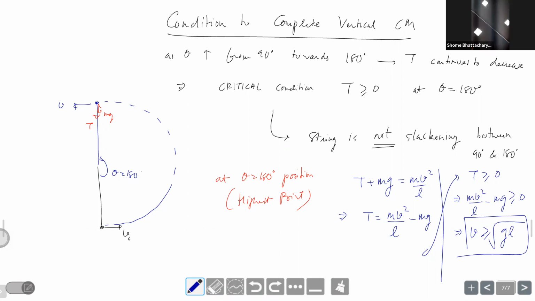For that matter, if I give it a very large speed V naught at the bottom, the tension can even be 20 times mg. No problem. But what is critical is that it should not be negative, because negative tension does not physically make sense. So if I'm getting tension as negative at that point, it means that it's not reached that point. Before that only the string is slackened. So the condition for it to reach there is that the tension at that point should be non-negative.